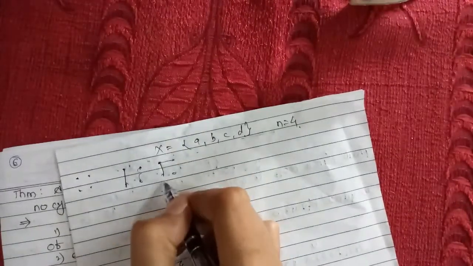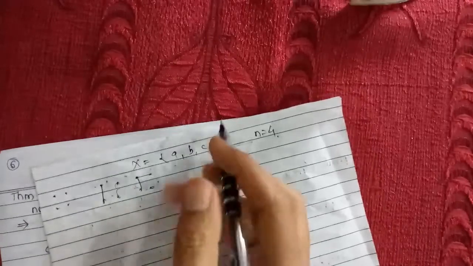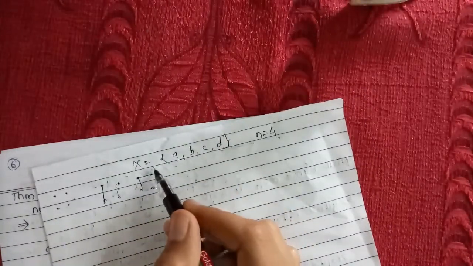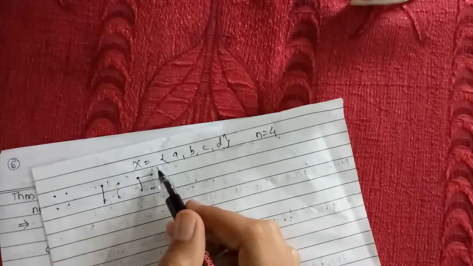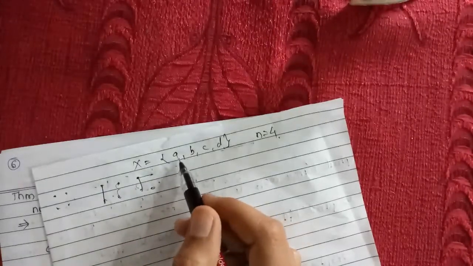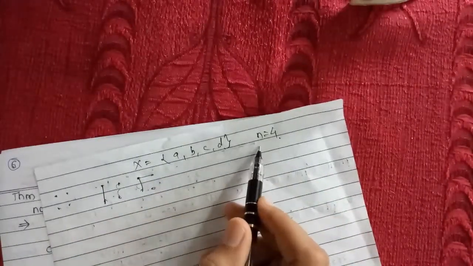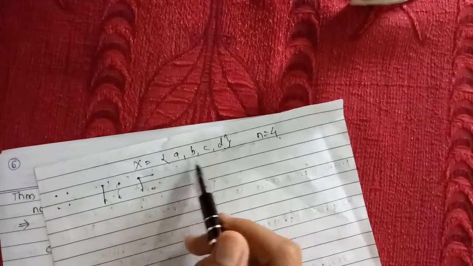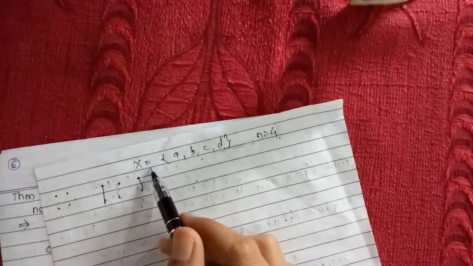Suppose this is also a graph with 3 vertices. That means we have to find all the subsets of X, because we have to draw the graphs here for the vertex set.